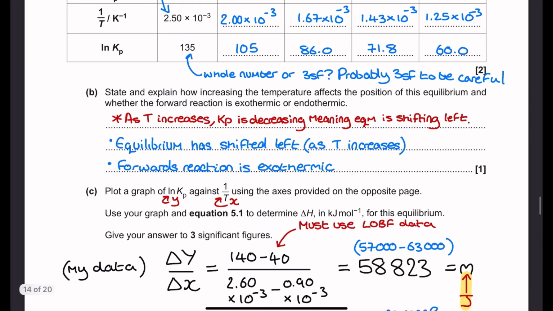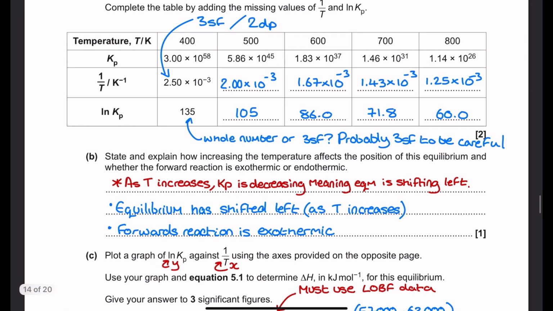Next up for part B, state and explain how increasing the temperature affects the position of this equilibrium and whether the forwards reaction is exothermic or endothermic. Right, have a look at this data in the top 2 rows. As you can see here, as temperature increases, the Kp value is decreasing.